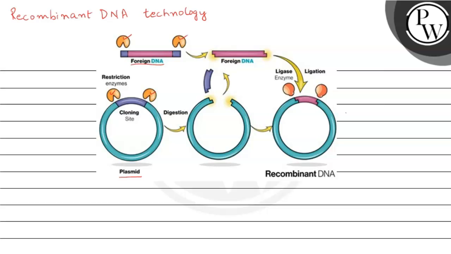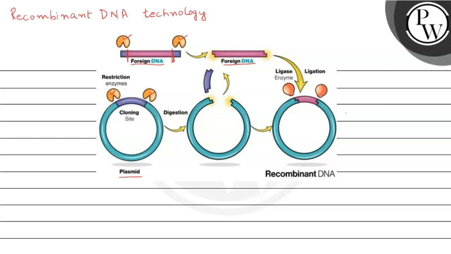With the help of restriction endonucleases, we can remove the gene of interest from the DNA sequence. So here we have the gene of interest after using the restriction enzyme.